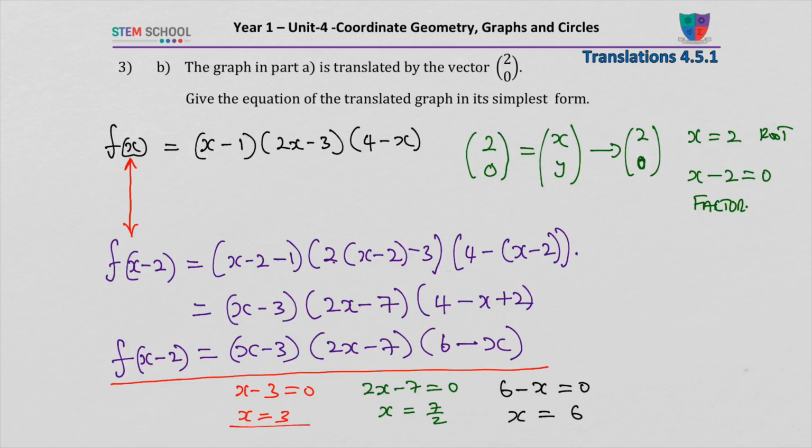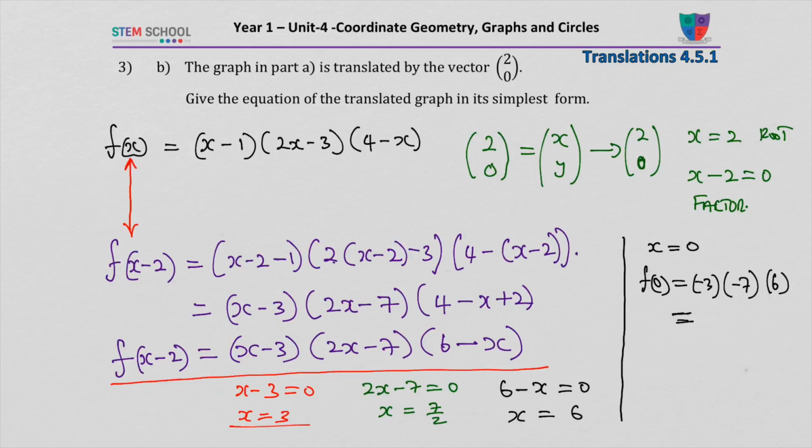But I also need to find the value of y, or the value of f of x when x equals 0. So when x equals 0, f of 0 will be equal to minus 3 times minus 7 times 6.